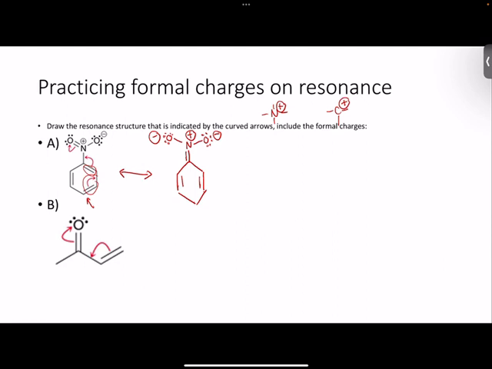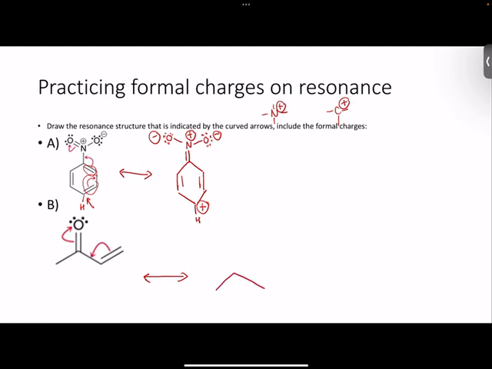So this carbon originally only had one hydrogen bond, and this one still stays only one hydrogen bond, but it doesn't have 4 bonds, right? And it doesn't have any lone pairs. So then this carbon is gonna hold a positive charge. Okay, perfect.